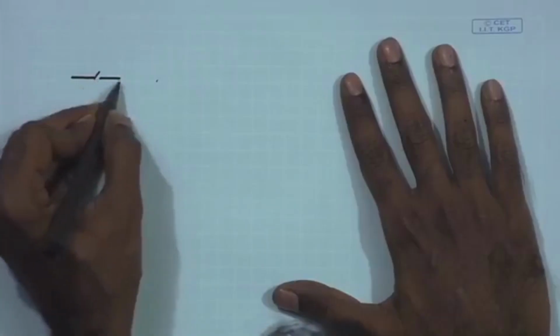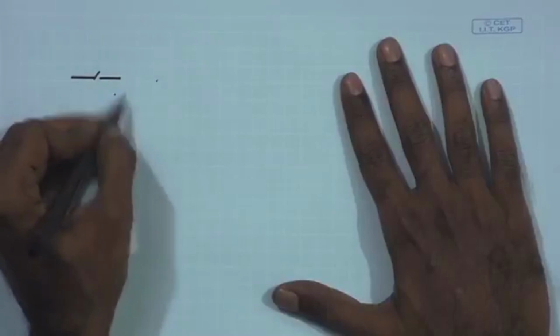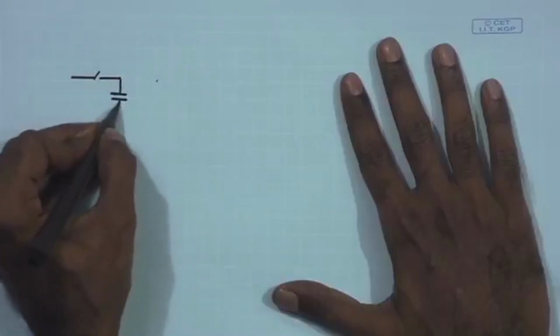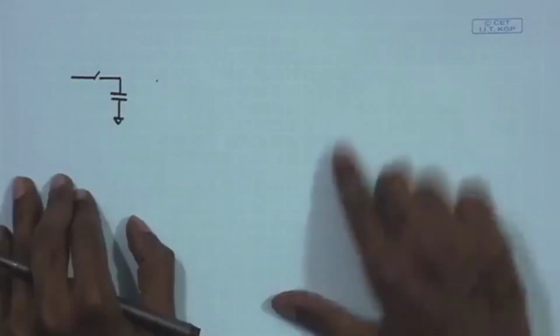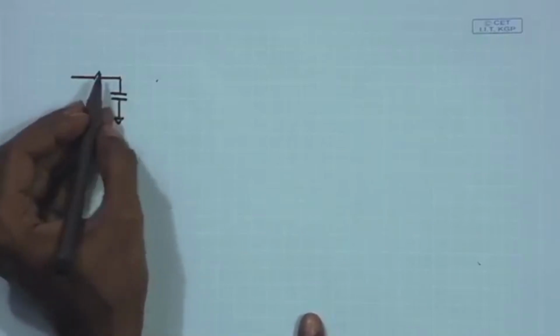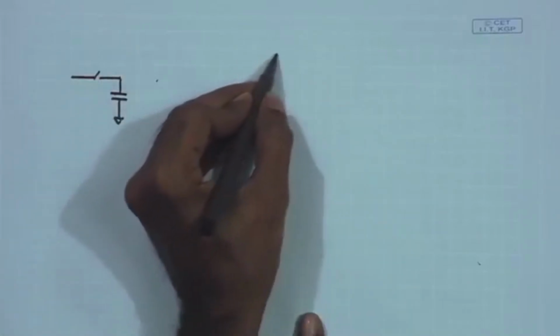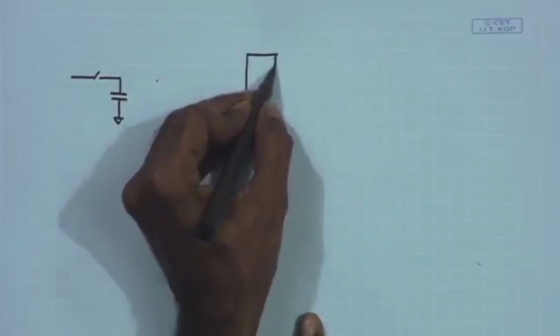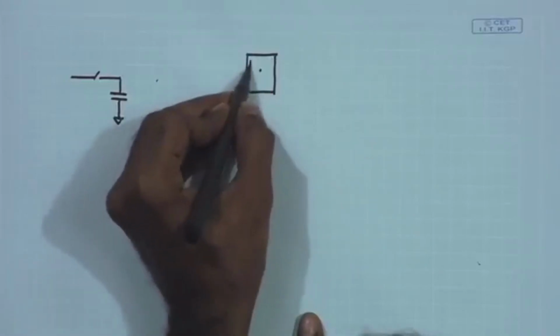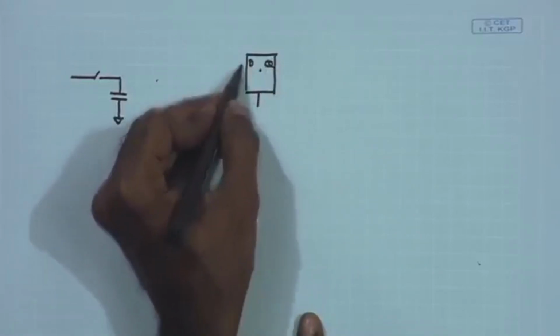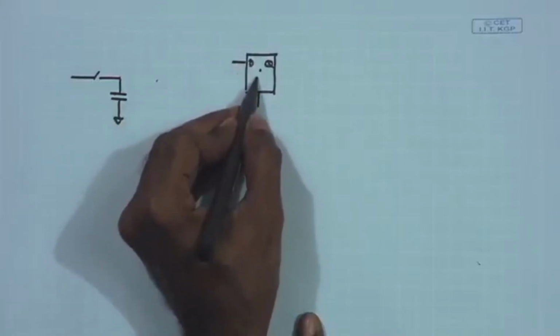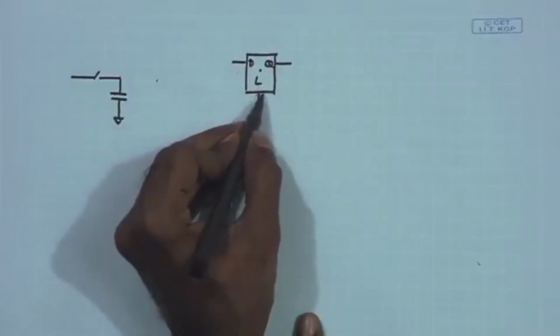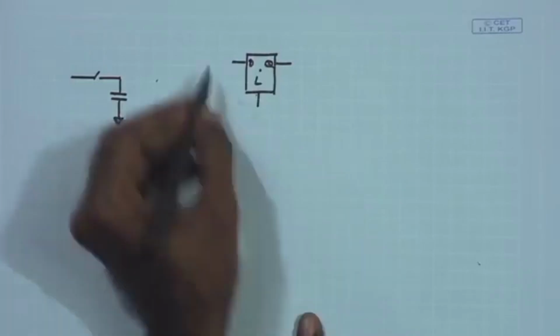So, in the flip flop we have seen that the main operation that is going on is storage of data. Whenever the clock edge comes for a latch, suppose this is the D latch, I am not drawing the triangle symbol over here, that means it is a latch.